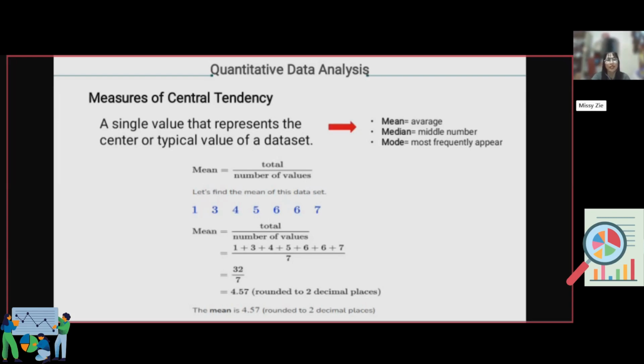As you can see on the screen, I have the example of how to get the mean of this data set. So this is the formula of this one: the total number and also the number of the values. You will divide it so that you will get the mean of this data set.